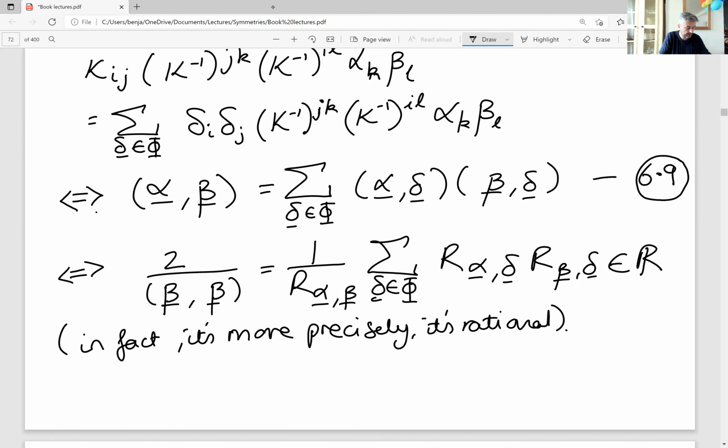So hence, what that means is that (beta, beta) must be real as well.